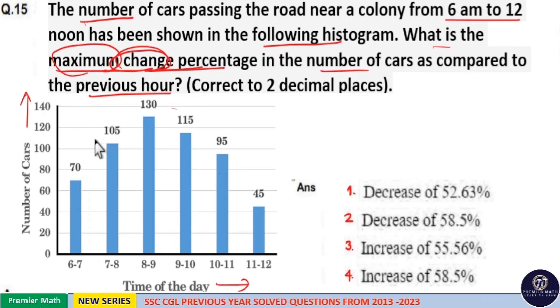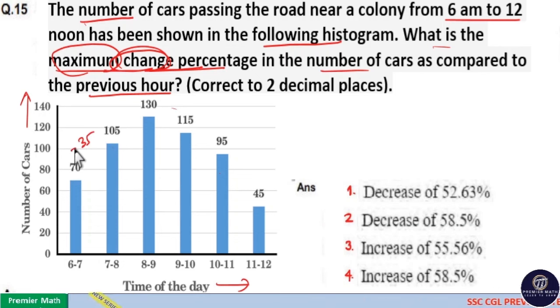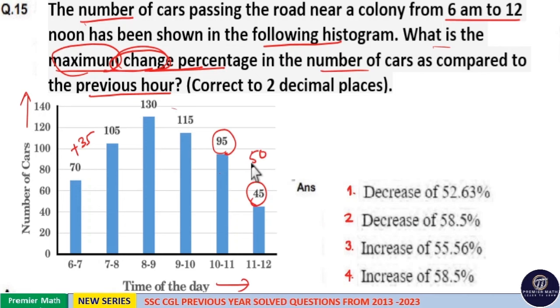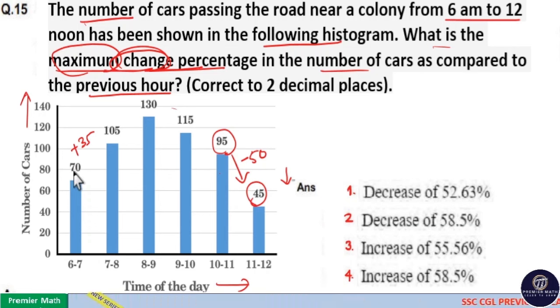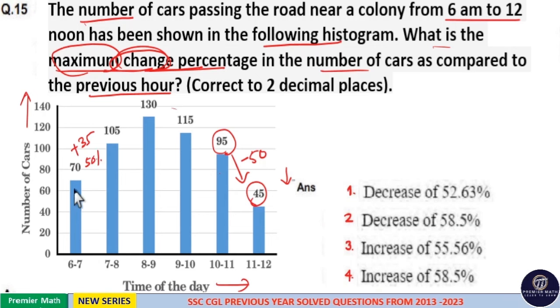Here 70 and 105, the difference is 35, and this is an increment. Here the differences are less than 35. But here 95 to 45, the difference is 50. So this is a decrement. Now 35 into 2 is 70, so that would be exactly 50%.